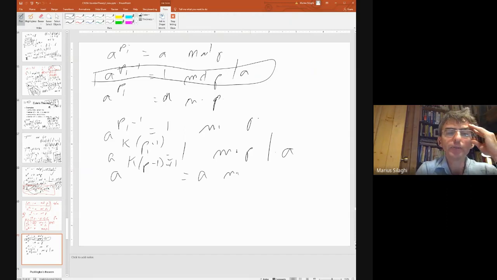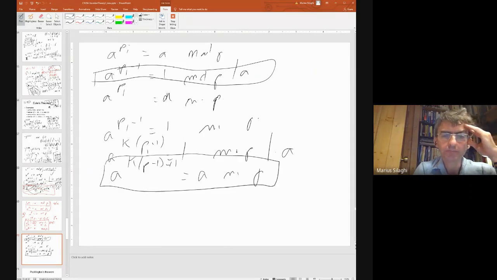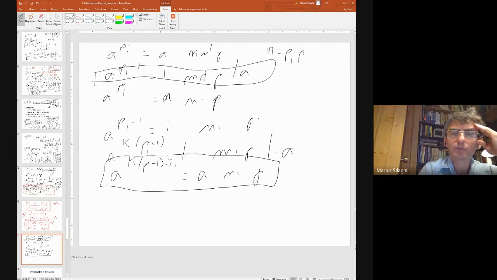Now, if we take this generalization, then we were working mod the number n equals p1 times p2 times pk. Let this k be equal with p2 minus 1 times p3 minus 1 times pk minus 1.